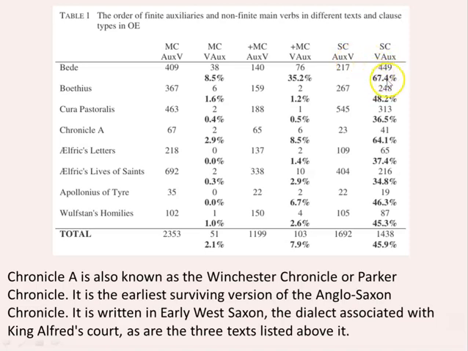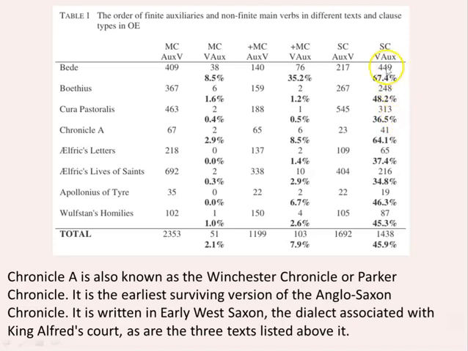In Bede, you've got 67.4%. In Boethius, you have 48.2%. In the Pastoral Care, you have 36.5%. And in Chronicle A, the oldest known version of the Chronicle, well, at least that we have anyway, it is 64.1%. So there's a real general pattern there.